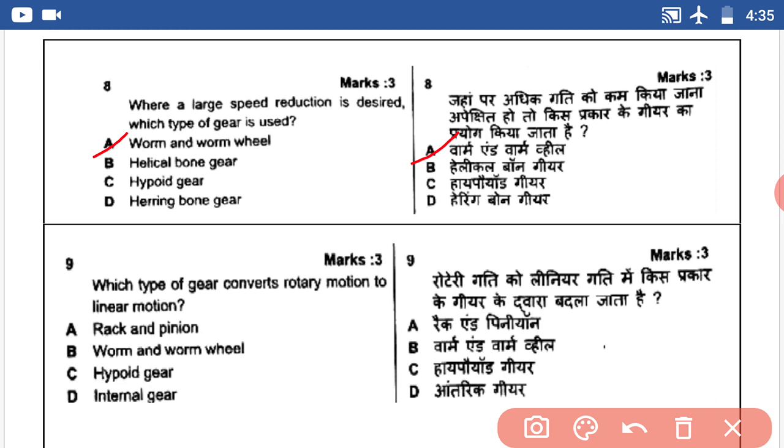Question number 9. Which type of gear converts rotary motion to linear motion? This question's answer: rack and pinion. Answer A. Question number 10.